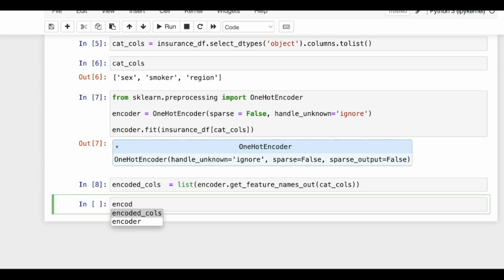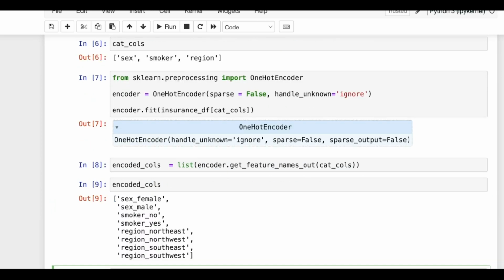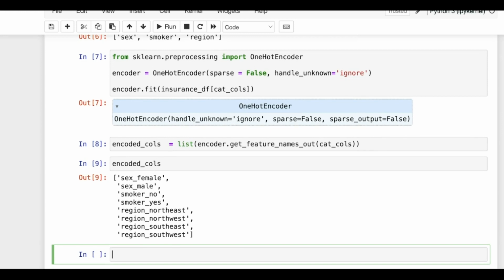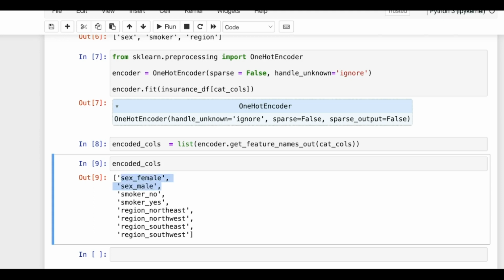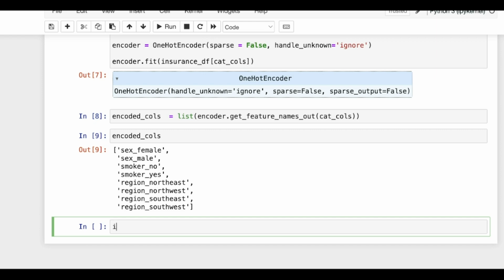Let's check. So these are the new column names that we will insert in our data frame. It created a new column for every attribute like female, male, no, yes, and it will consist of values in a combination of zeros and ones. Let's add this into our data frame.